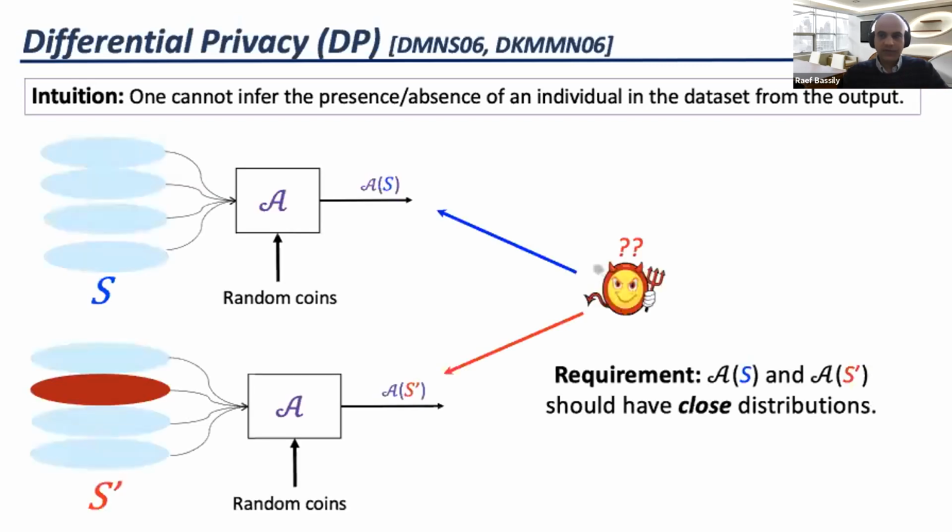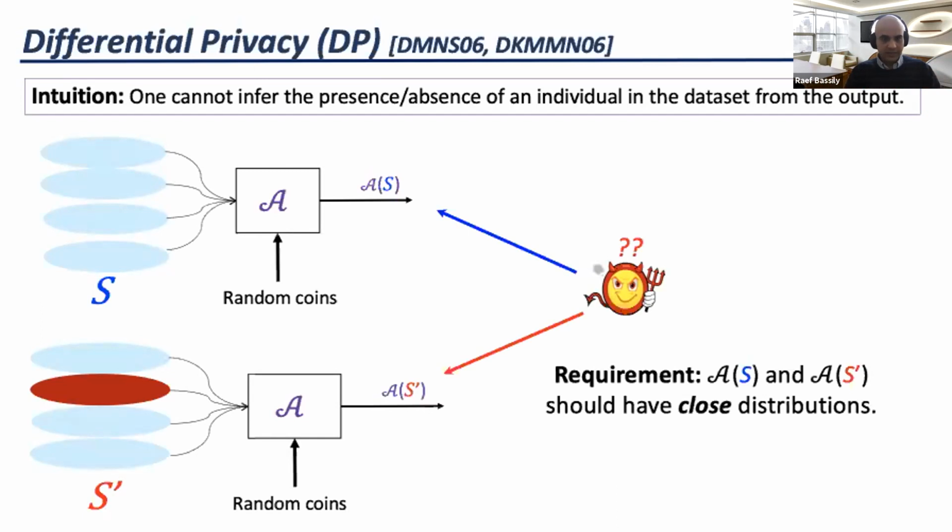Let me try to give some intuitive description for the mathematical definition of differential privacy. Consider a randomized algorithm running on a sensitive data set and imagine two scenarios. Suppose in the first scenario, the input data set contains your data record, whereas in the second scenario, the input data set is the same except that it doesn't have your record.